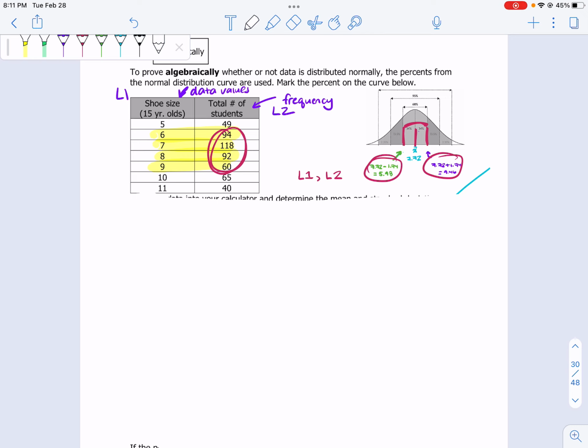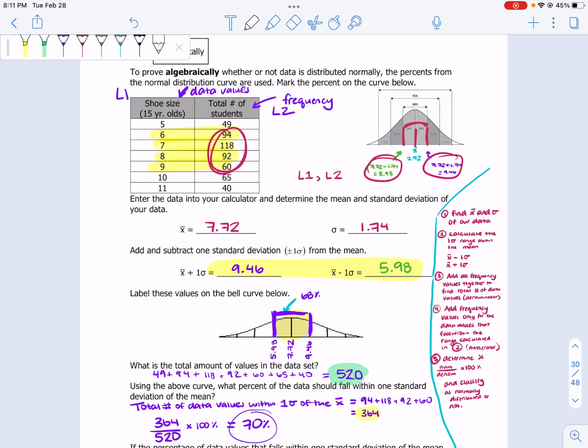And all you would be given would be that frequency distribution. So you need to make sure you understand the steps, why we're doing the steps, and how to get through all of the steps and make that final classification.